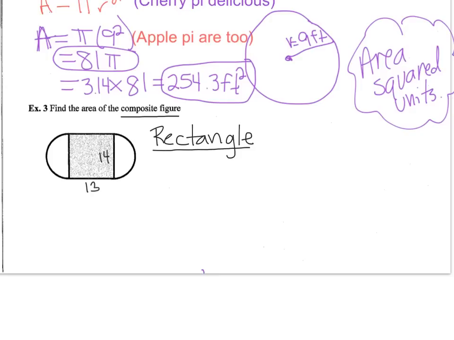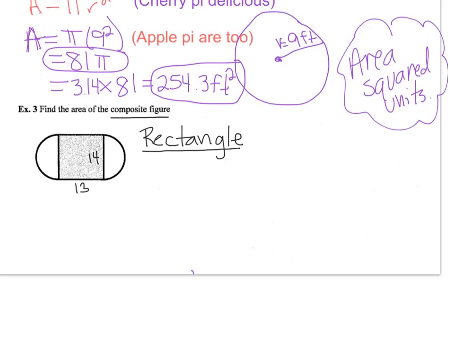So I'm going to find the area of the rectangle. Then I also see some semicircles, which we're going to have to tackle a little differently than a regular circle. There are actually 2 of them, so we'll talk about that after we figure out the rectangle.